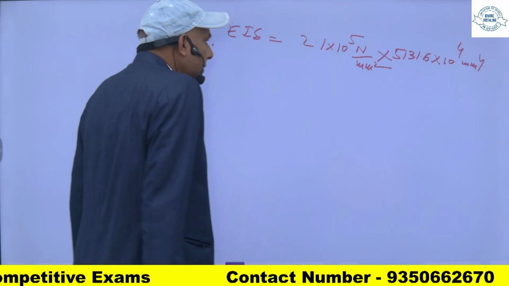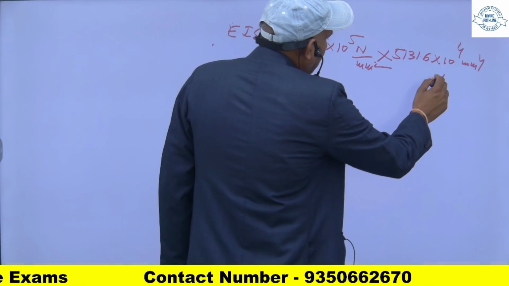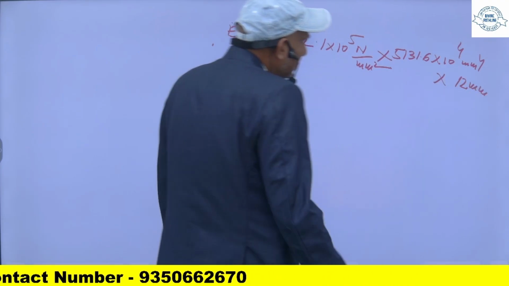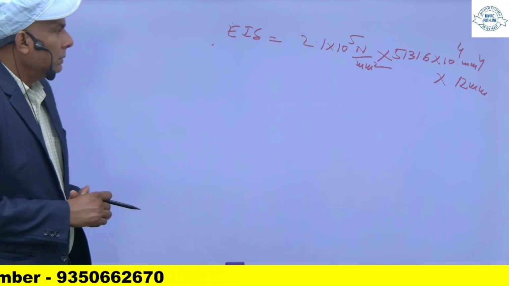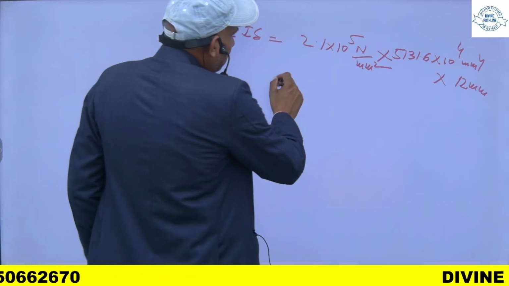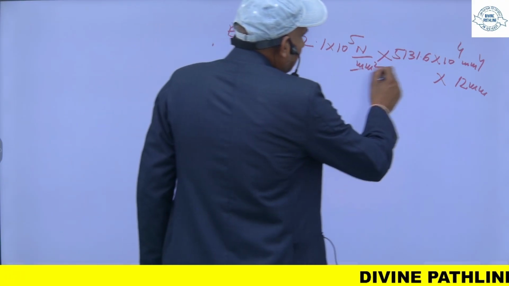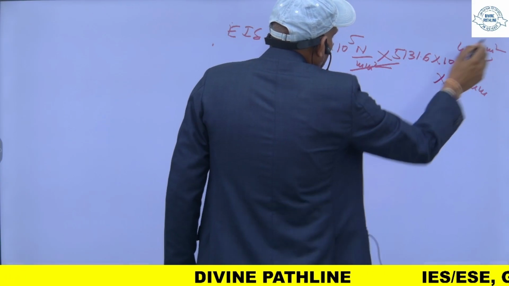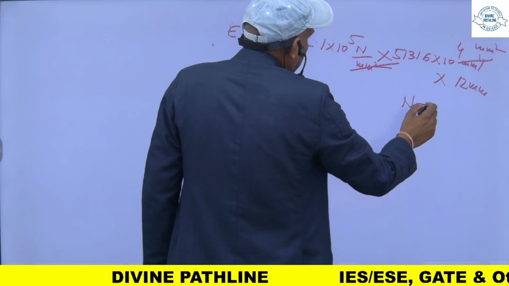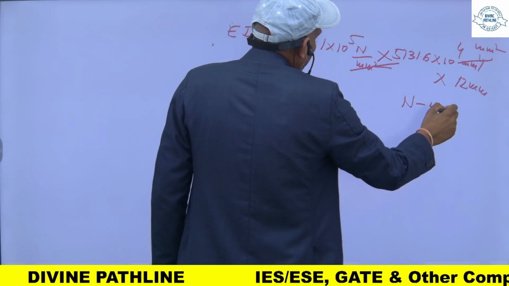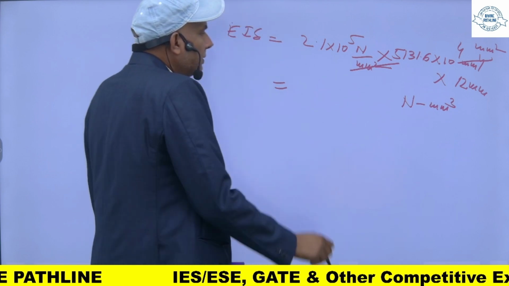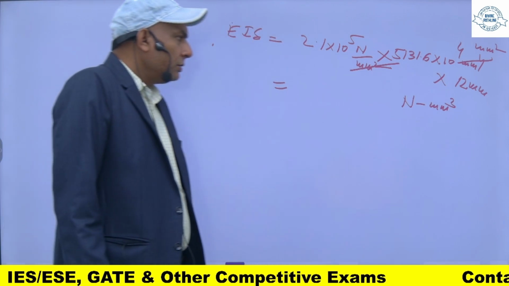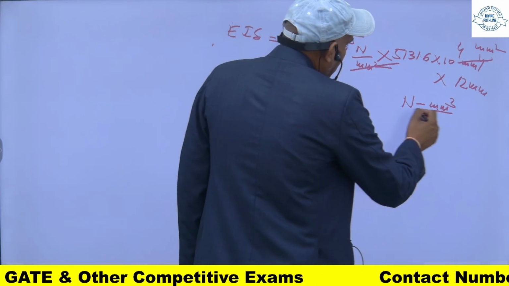This is I into delta. Delta is 12 mm. So you will get this value in Newton mm cubed.